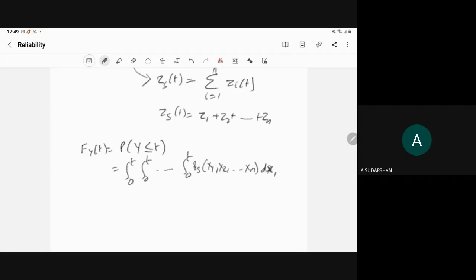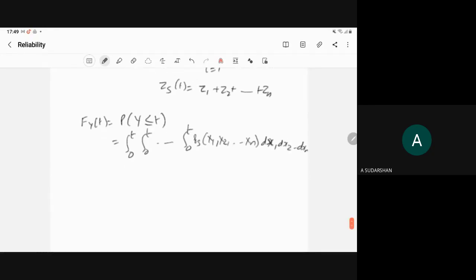dx1, dx2, dxn. Since x1, x2, xn are independent, you know the joint densities can be written as the product of the marginal densities.